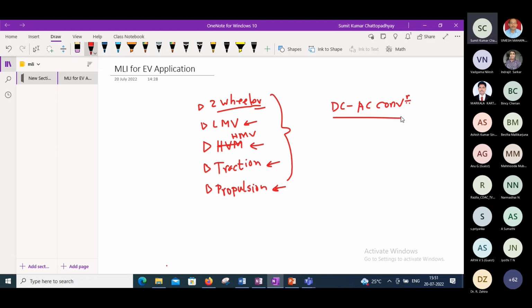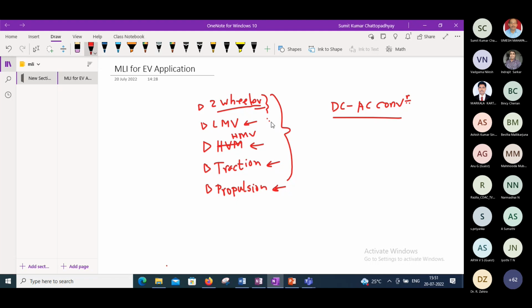This is going to be used firstly for charging stations, charging the electric vehicle battery. For charging a small battery pack for a two-wheeler, three-wheeler, or even a light motor vehicle, it may not make sense to use a multi-level converter.